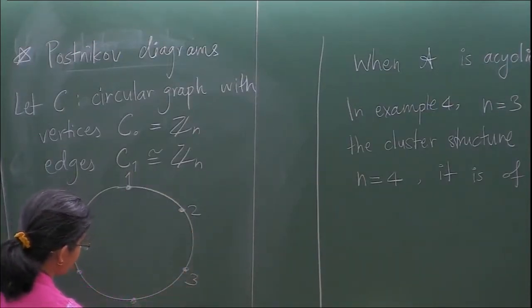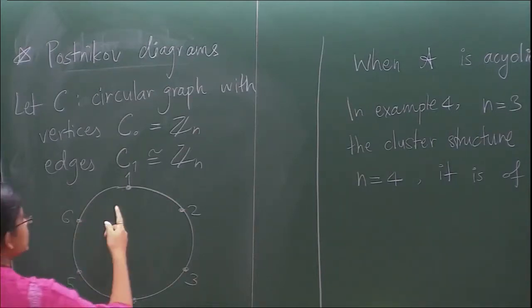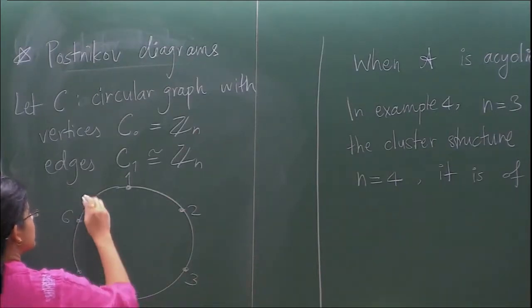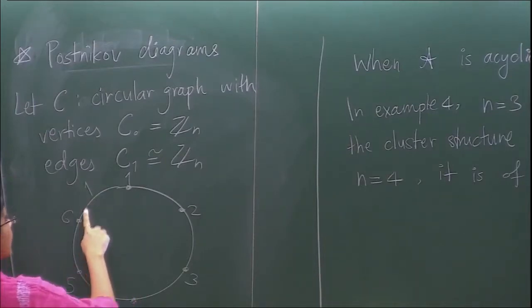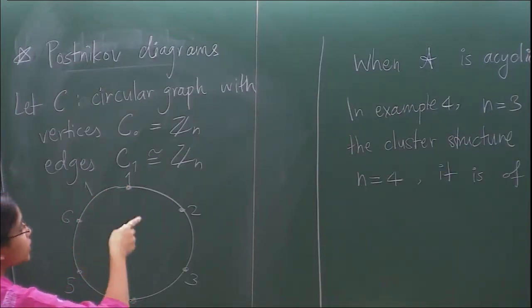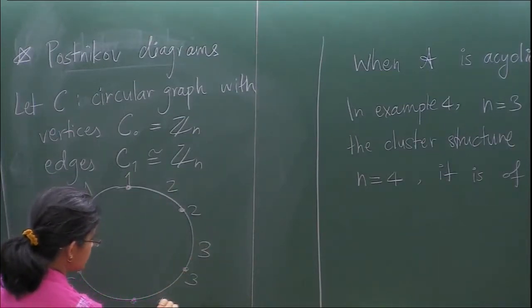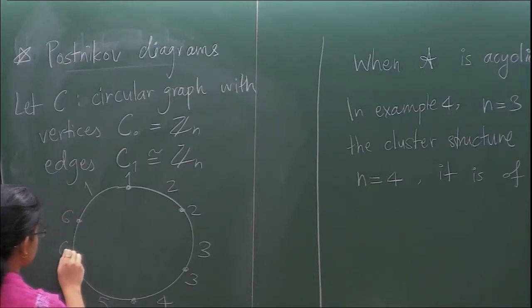The ith edge goes from i minus 1 to i. So this will be edge 2, this is 3, this is 4, this is 5, this is 6.